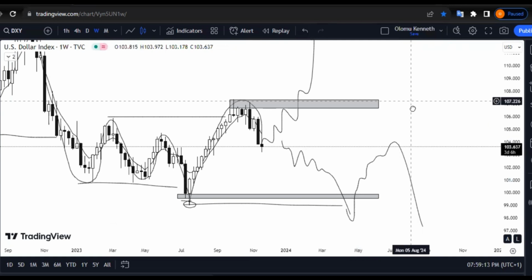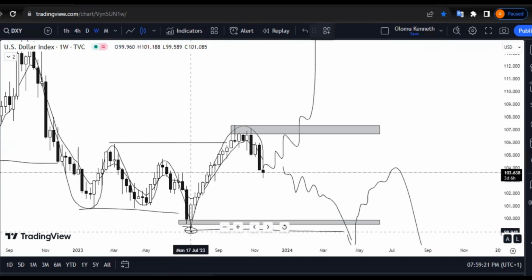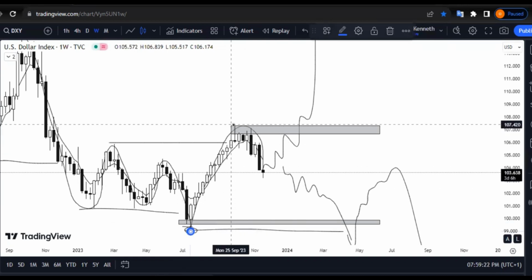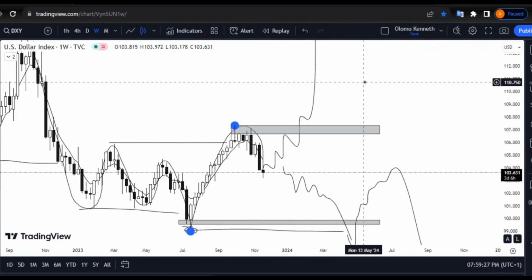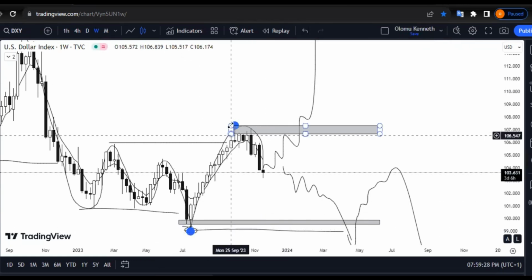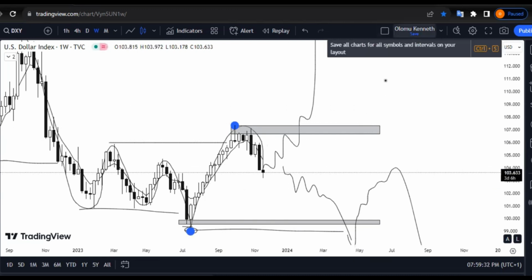But for now, we are all bullish because of this impulse that has taken place. So we have this impulse from the weekly time frame, which is showing us the range in which price is right now. Okay, so bullish weekly time frame, bullish monthly time frame.